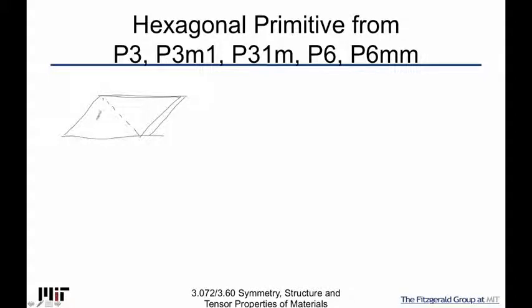But remember, we had threefold axes here, and we'll have these to think about later. But right now, we just recognize that if I go straight up, once again, I just reproduce this up higher, and so that becomes a hexagonal primitive. And that is true for P3, P3M1, P31M, P6, and P6MM.